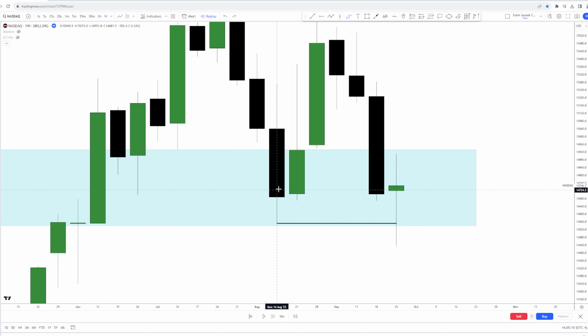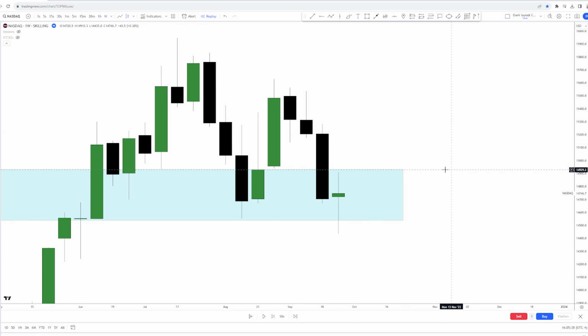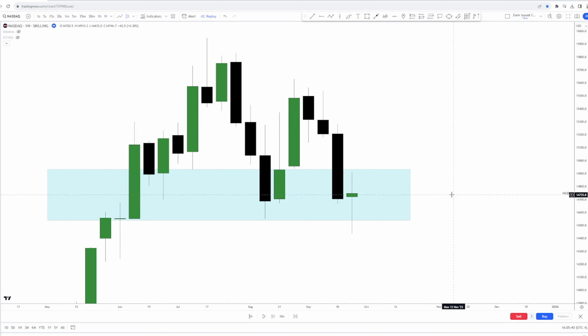Why? Because it is lower than the low on its left and the low to its right, and then we retraced right back into the range and inside this monthly fair value gap. So our bias is that we are gonna be going towards the upside after what we have seen right here.